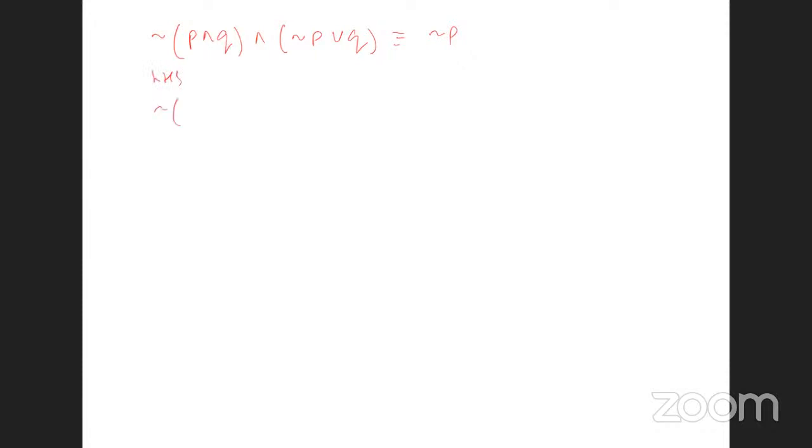What's the first rule you use, Ariane? We can't use distributive as yet. We have to use something before that. We had to use De Morgan's law, right? So you'll get negation of P or negation of Q and negation of P or Q. What we gonna do now?